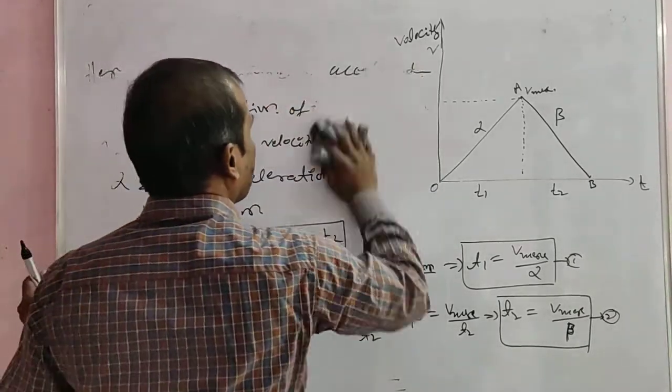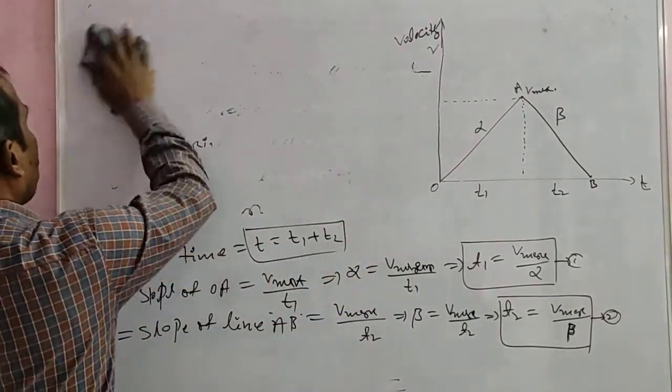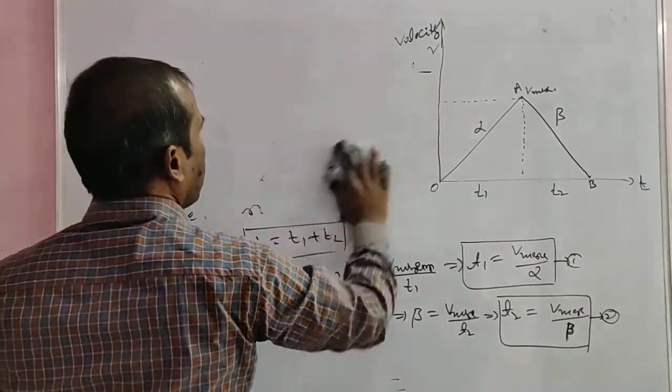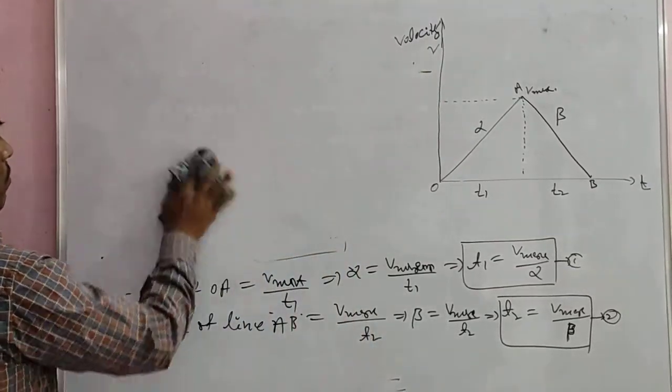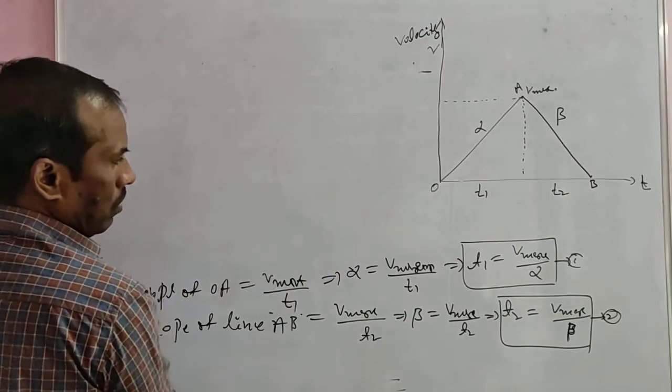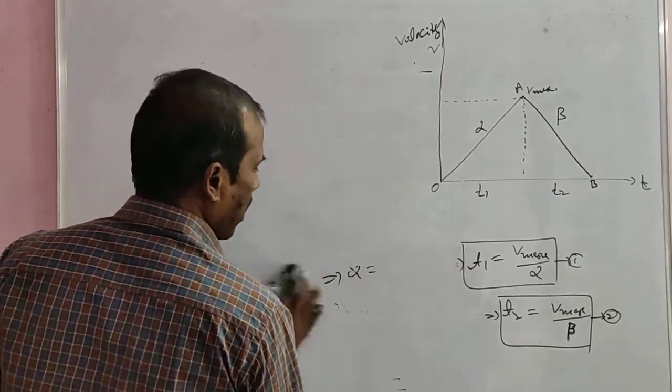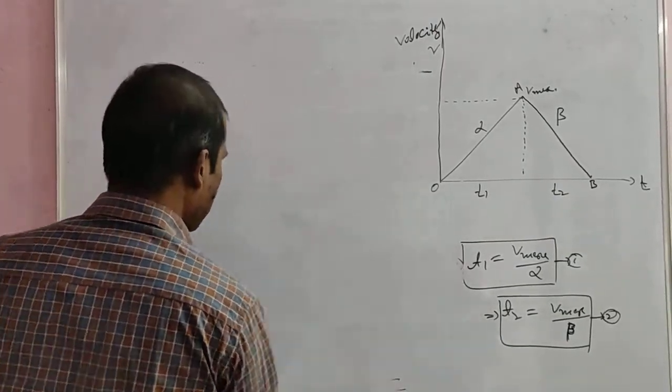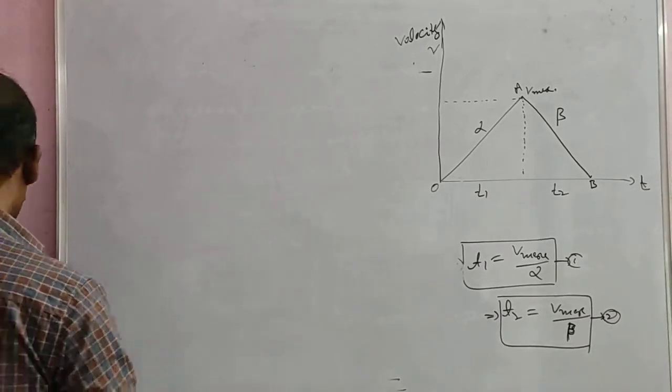Now the time taken for the total journey is T equal to T1 plus T2. We want the maximum velocity of the bus.